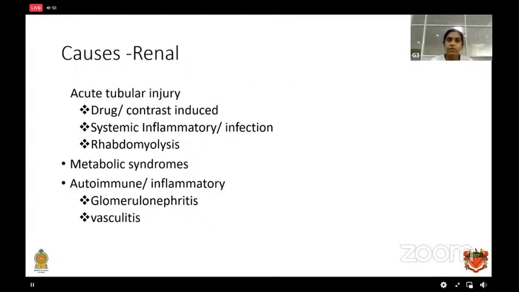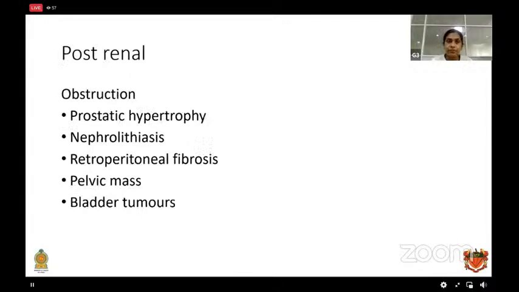Then renal causes, as I said: tubules can get affected by infection, inflammation, drugs, and metabolic syndromes. A common one is diabetes mellitus, and then autoimmune conditions. You must have heard of glomerulonephritis and vasculitis. If you identify the cause, you have to treat the cause, right? Then post-renal, I said, is mainly obstruction.